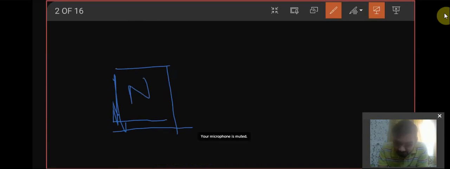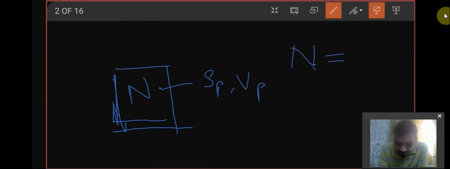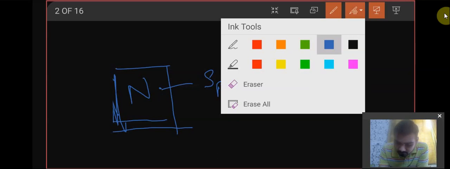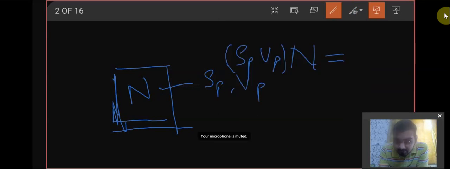Now from these n particles we take one particle having density rho p, volume Vp. As the total number of particles is n, we can multiply n by rho p into Vp, which equals the total mass.